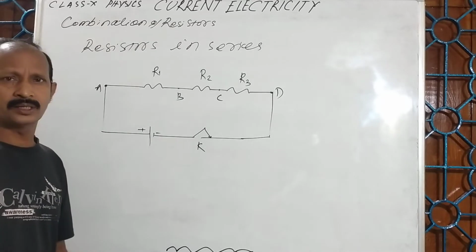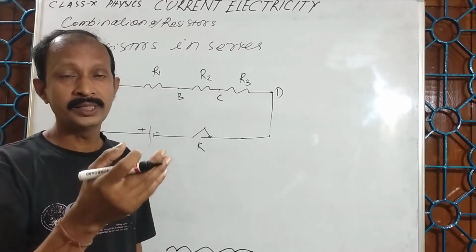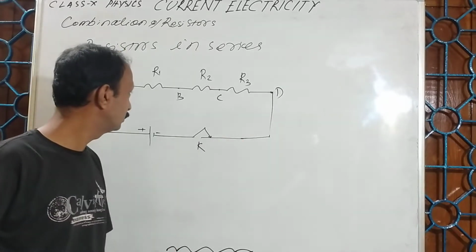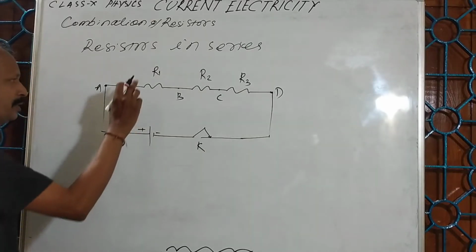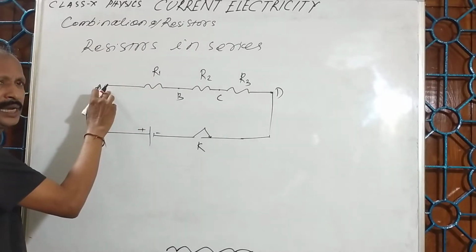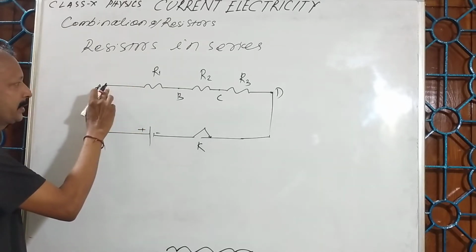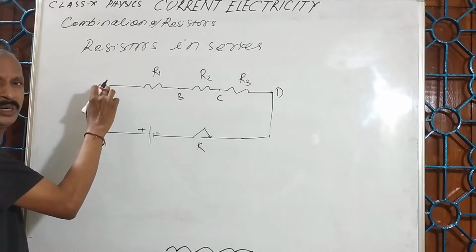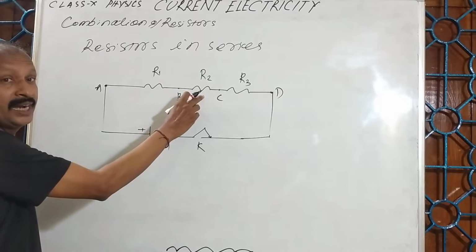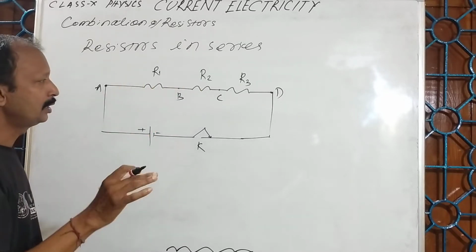So children, in series connections, resistors are connected one after the another. How one after the another? For example, here resistance R1 is connected to the end A. One end of the resistor is connected to the terminal A. The other end is connected to the second resistor, whose resistance is R2.